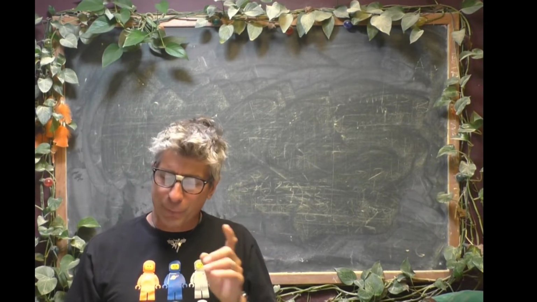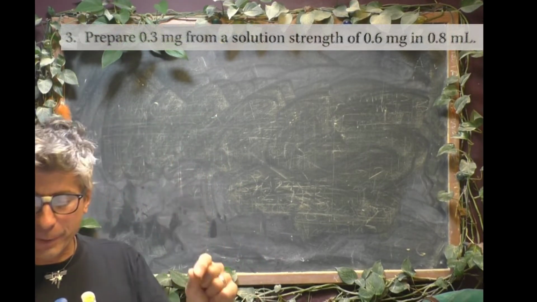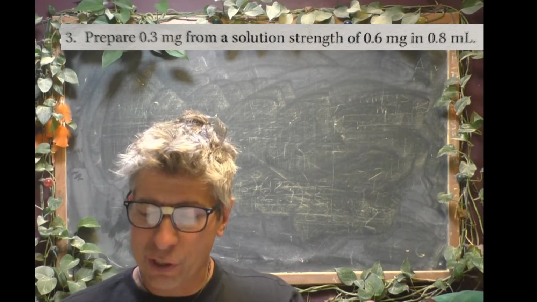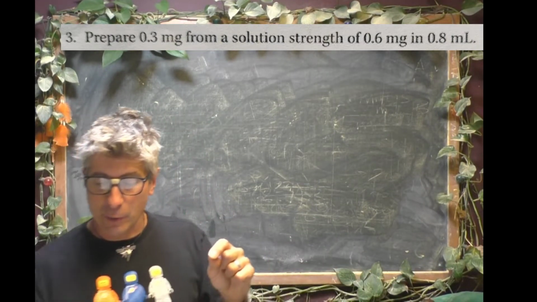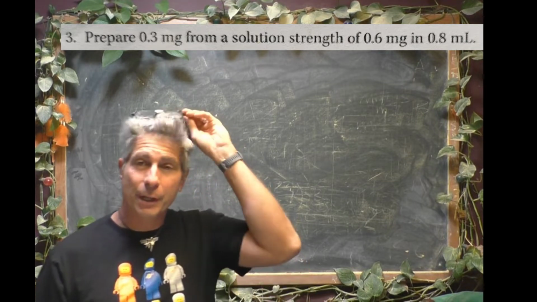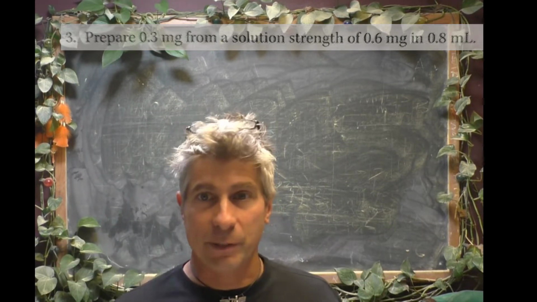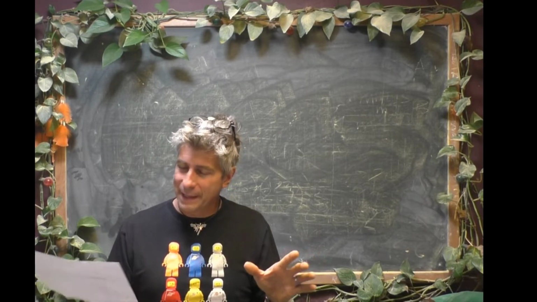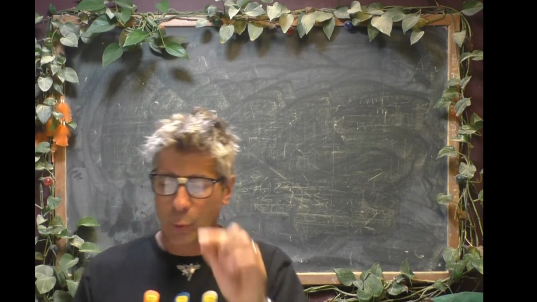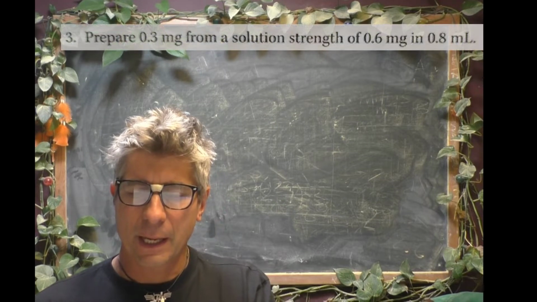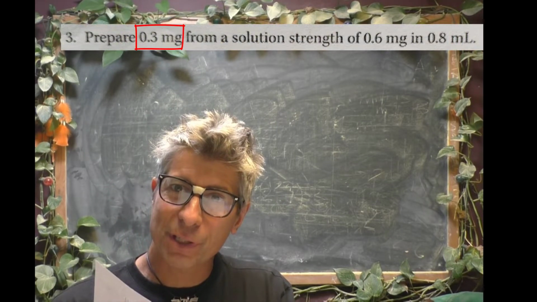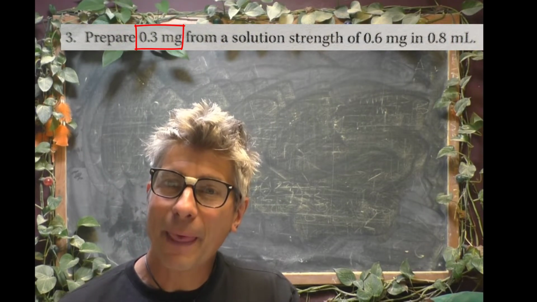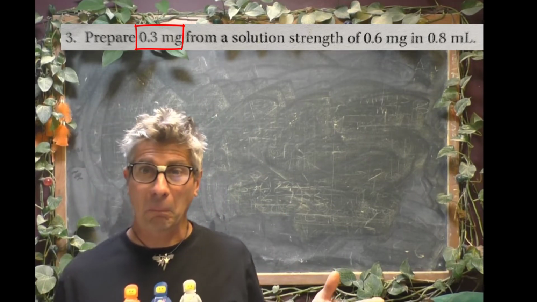So I skipped over number 3 earlier. Prepare 0.3 milligrams from a solution strength of 0.6 milligrams in 0.8 milliliters. Okay, so a lot of decimals, but don't get screwed up by the decimals. If you need 0.3 milligrams and the solution strength comes in 0.6, that means you need half a dose, right?